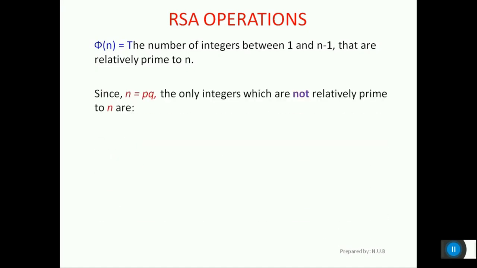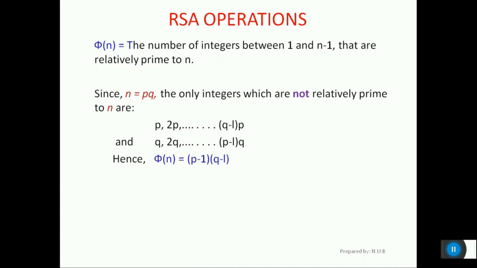Since n is equal to p into q, the only integers which are not relatively prime to n are p, 2p, 3p, in this way until (q minus 1) into p. Similarly, q, 2q, in this way till (p minus 1) into q. That's why we can conclude that Euler's totient function phi n is equal to (p minus 1) into (q minus 1).